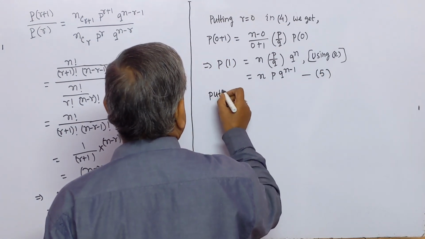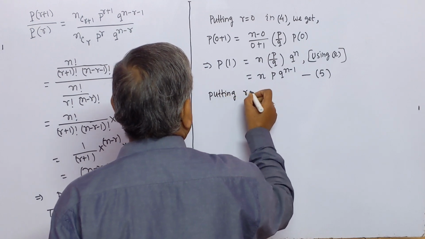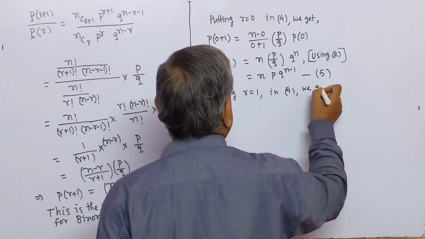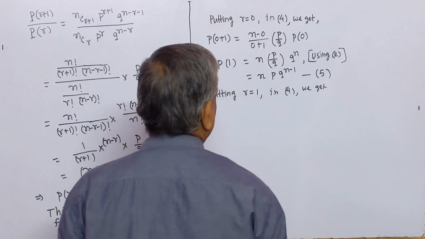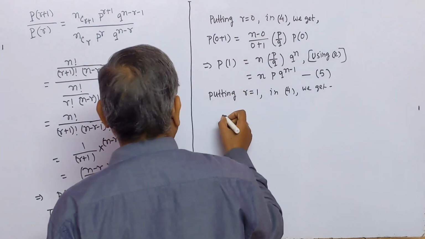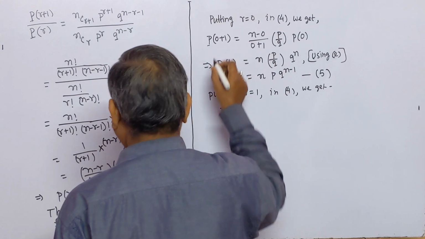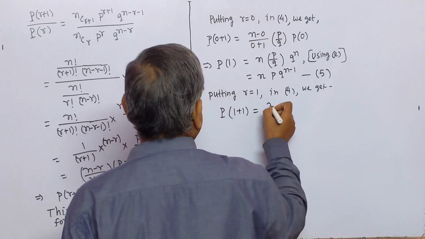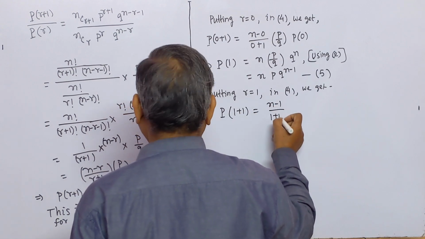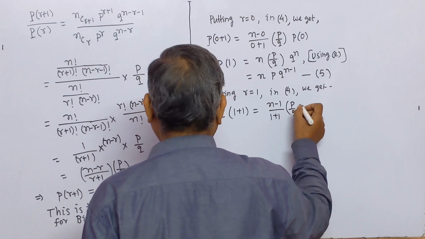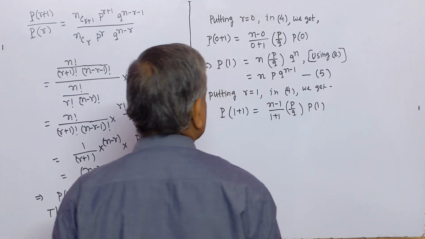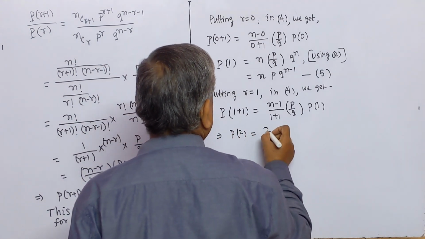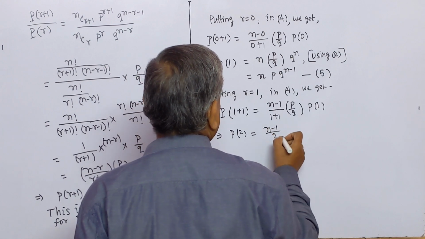Putting r equal to 1 in 4, we get P(1+1) equal to (n-1) by (1+1) p by q P(1). Here P(1) implies that P(2) equal to (n-1) by 2 p by q.